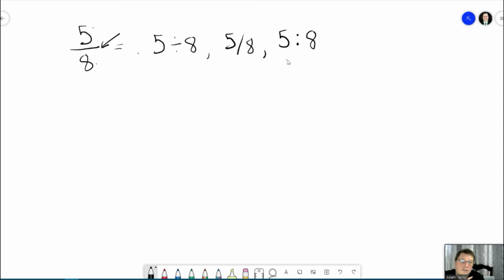Now, in case you didn't know, a ratio, this symbol 'to', is also understood to be dividing. So let's go back here. 5 to 8.